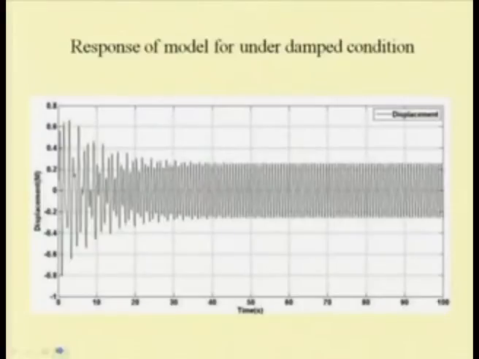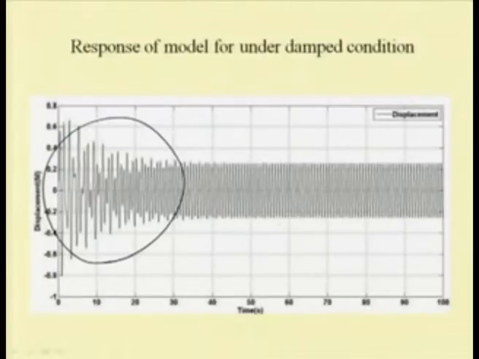So, for an underdamped case, one can see the initial part which represents the transient part of the response. It varies with the initial condition and decreases, and finally it approaches a steady state response.